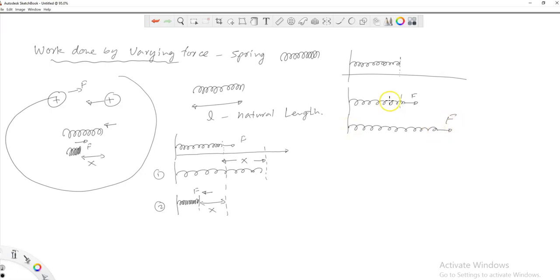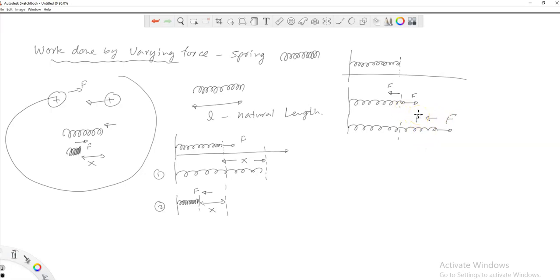Force gets bigger because the spring is pulling back with an equal force. If you have to apply 10 newtons to stretch it by 1 centimeter, the spring is pulling back with 10 newtons right now. Over here, if you have to apply 30 newtons to stretch it by 3 centimeters, right now the spring is pulling back with the equal 30 newtons.